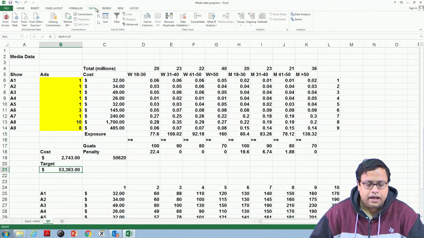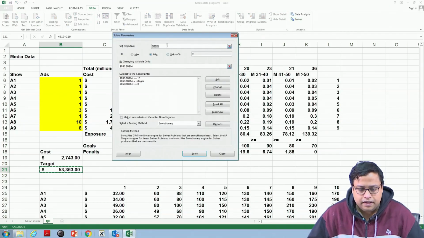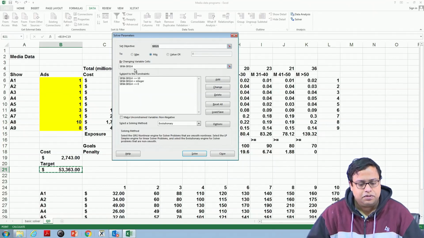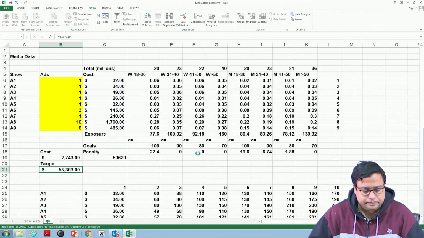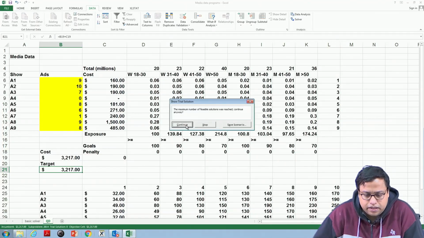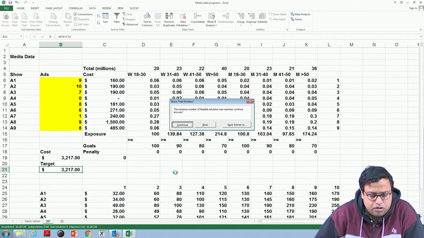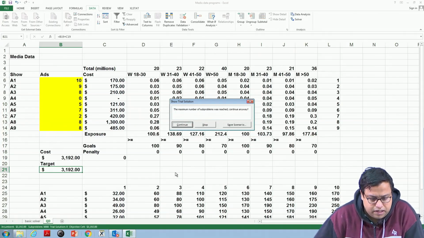So, what do I do? I go to data, solver, minimize B21 by changing B6 to B14. Same thing, these should be between 0 to 10 and integer. Fair enough, evolutionary. So, I try to solve it. Already it got dropped, okay. So, I will continue a little bit more, 3217 to 3192.